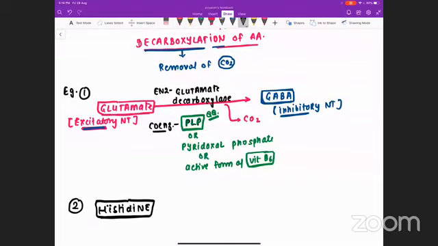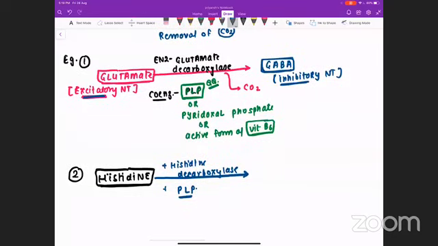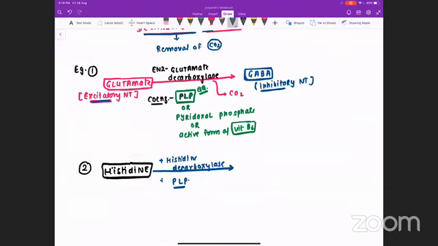If we do a decarboxylation of histidine, the enzyme required is histidine decarboxylase, and we are also going to require PLP, the coenzyme. In any decarboxylation of an amino acid, we are going to require PLP. Histidine will convert into histamine.